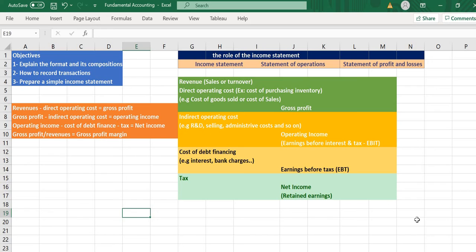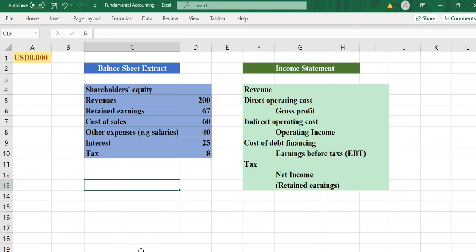So let's move to a detailed calculation, and we will learn how to construct a simple income statement for a company. Let's move to the next slide.